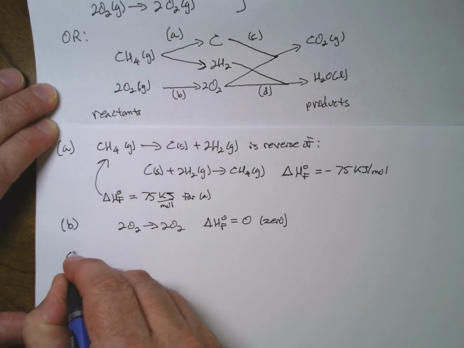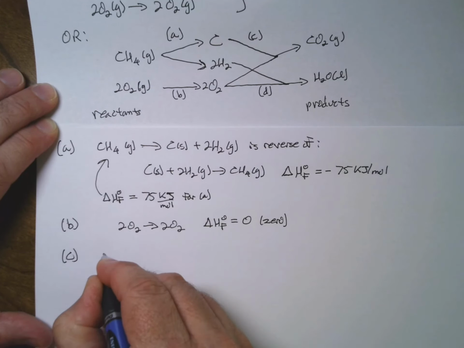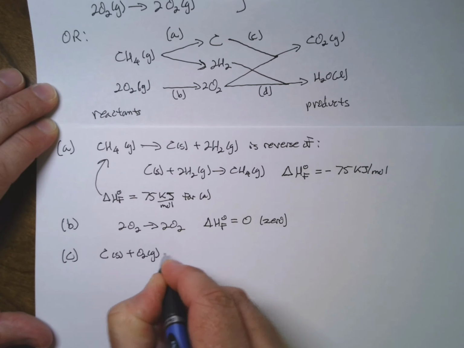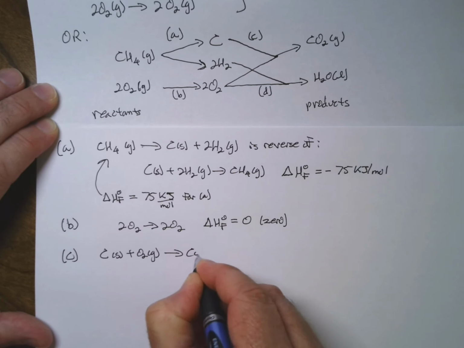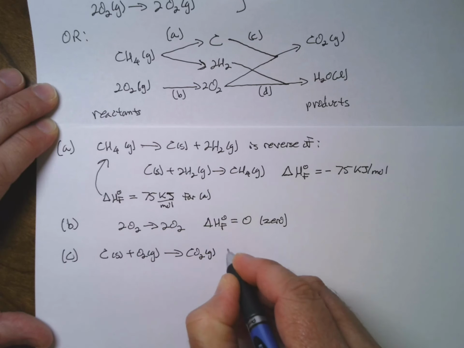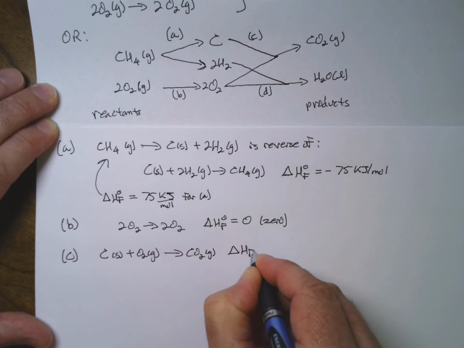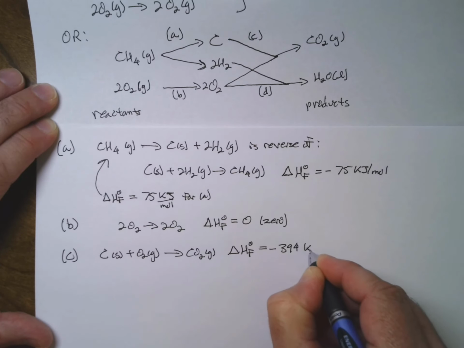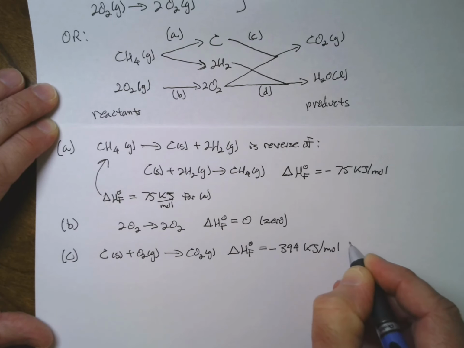Now we have C is C solid plus O2 gas reacts to give CO2 gas. So our delta HF naught equals minus 394 kilojoules per mole.